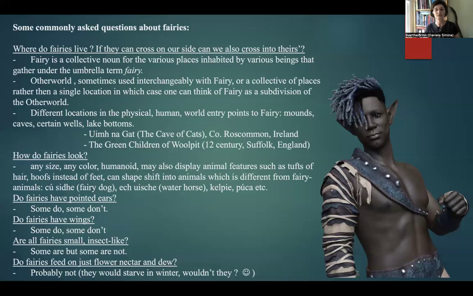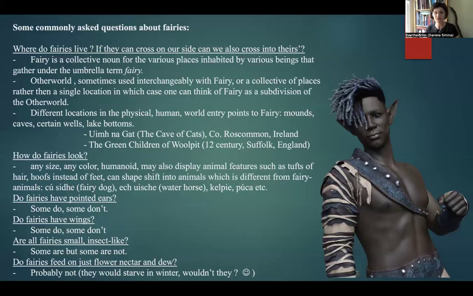Look at the puka in Irish lore, that can look like a goat, or a shaggy little horse. But these humanoid fairy beings shifting into animals are completely different from fairy animals per se, who are just fairy animals and don't shift into anything else.